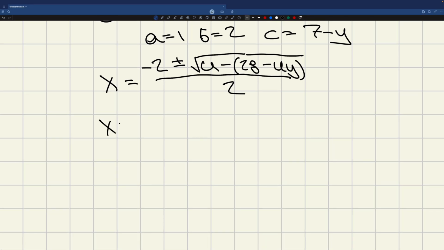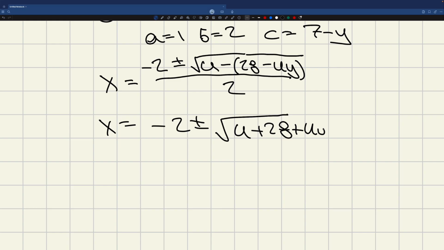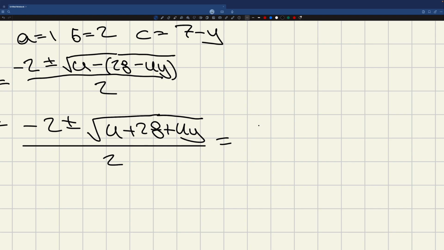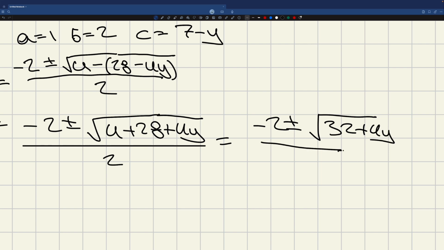We get that x is equal to negative 2 plus or minus the square root of 4 plus 28 plus 4y, and all of that over 2, which is simply equal to negative 2 plus or minus the square root of 32 plus 4y over 2.